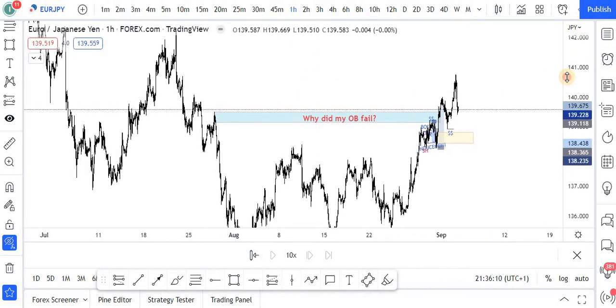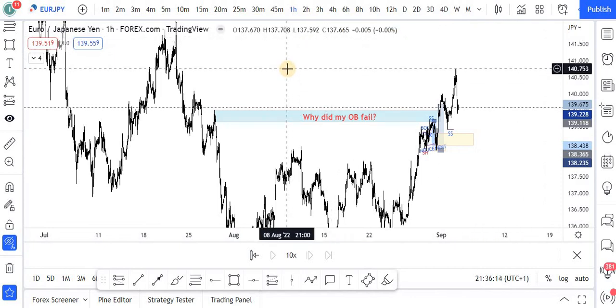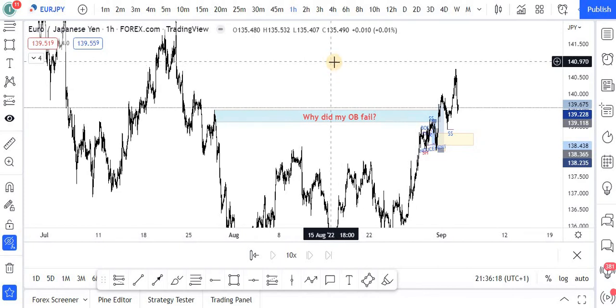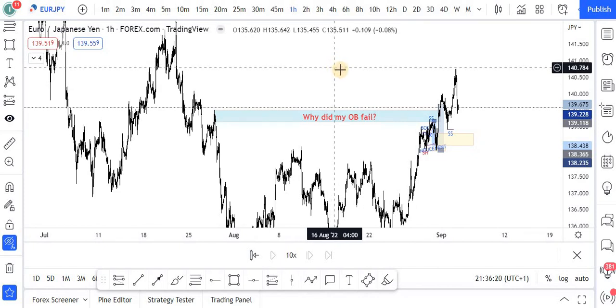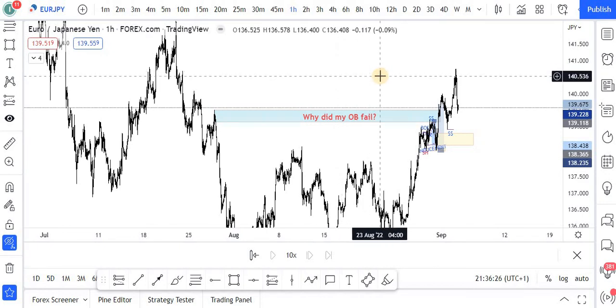First of all, there are several reasons why your OB, your order block, or your supply and demand zone can fail. For instance, if you are trading in the wrong direction, you might not expect your order block to hold.